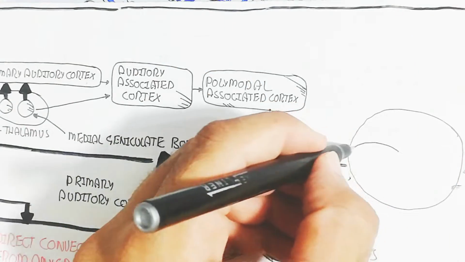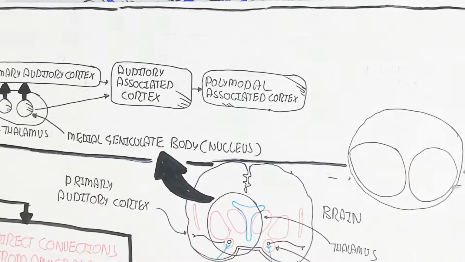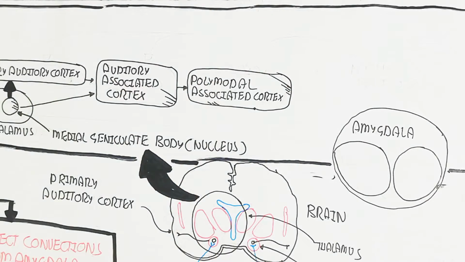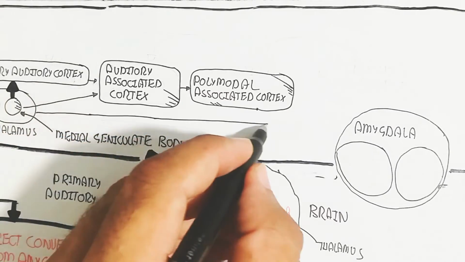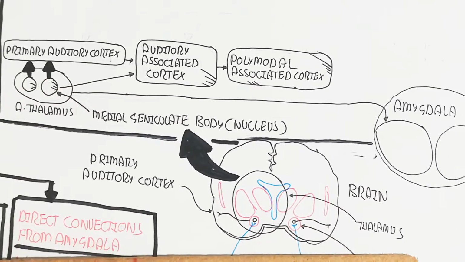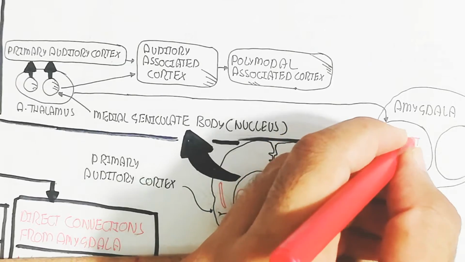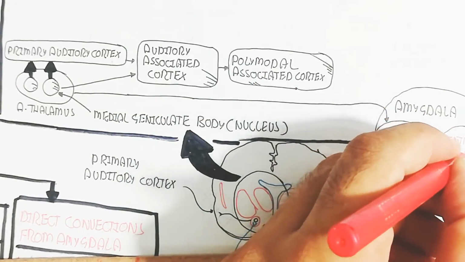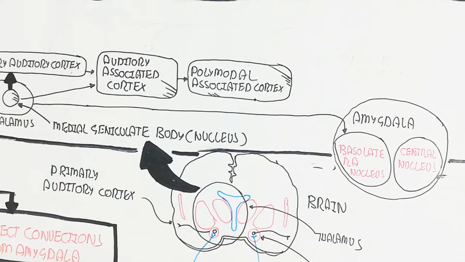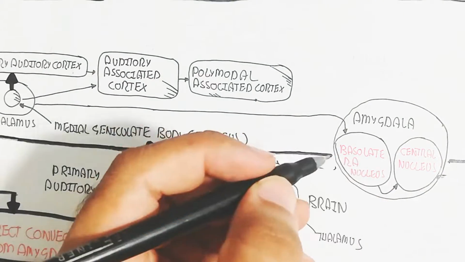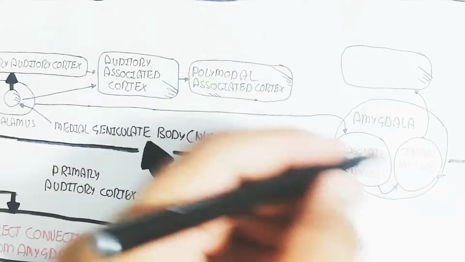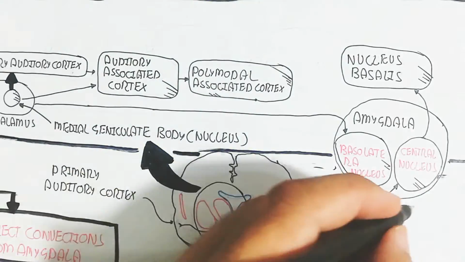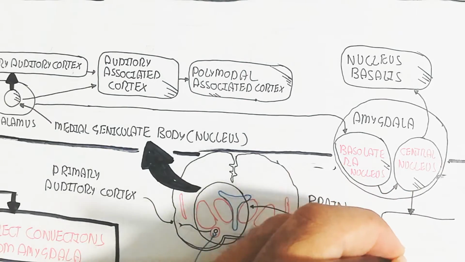Remember, the polymodal associated cortex gets information from the auditory associated cortex, and the thalamus also transmits the signal to the basolateral nucleus of the amygdala. That is how the amygdala works. The amygdala also receives the signal, and the primary auditory cortex also receives the signal. Here you can see the amygdala, where the basolateral nucleus transmits the signal to the central nucleus.